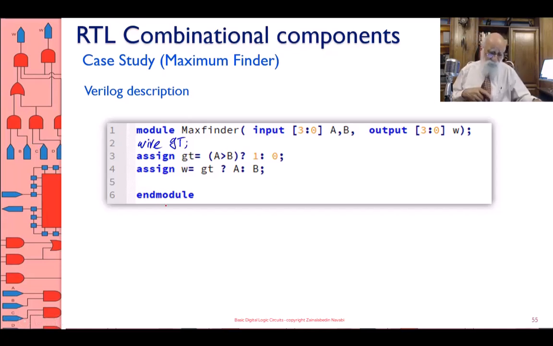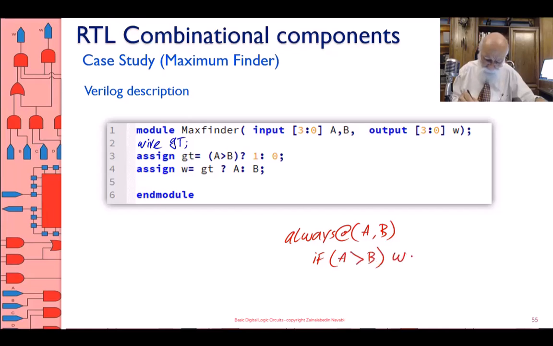Well, I can write this in a different form also. I can say always at A and B, the inputs. Then you say if A is greater than B, W equal A, else W equal B. Okay?